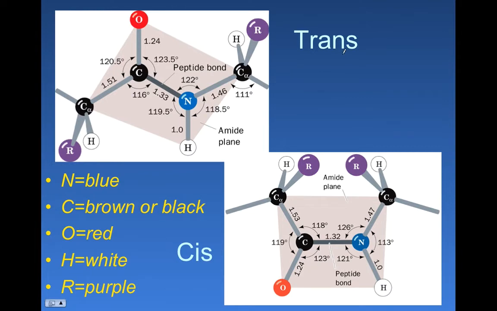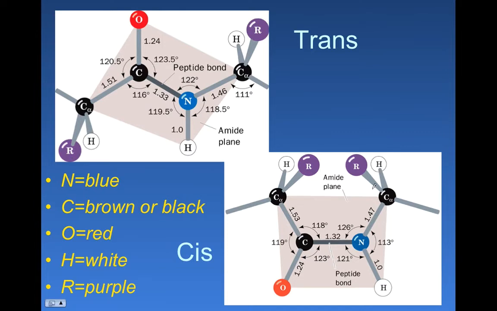We think of this as sort of a trans-looking conformation, and it's because these R groups are on opposite sides of the peptide chain. That's probably favorable, so there's less steric strain occurring. And this sort of trans conformation is because we've got a particular rotation of phi and psi that allows for those R groups to be on opposite sides.